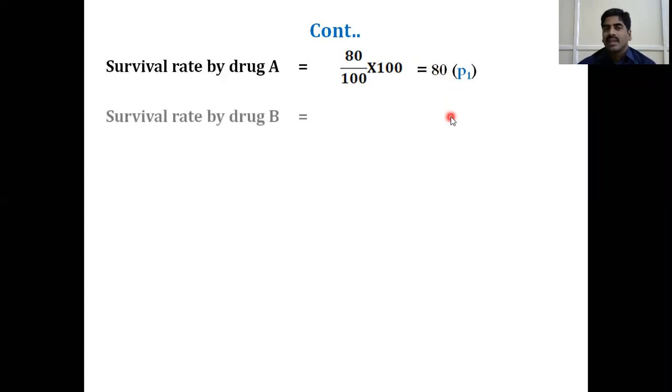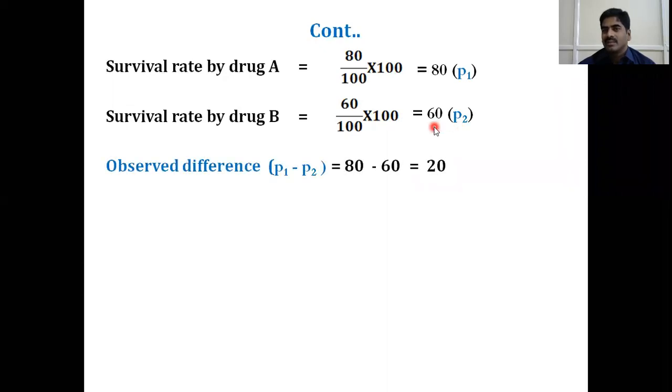Next, survival rate by drug B, 60 survived out of 100 times 100, you get the percentage equal to 60%, that is P2. Okay. What is the observed difference? P1 minus P2, 80 minus 60, that is equal to 20. This is the observed difference, step 2.